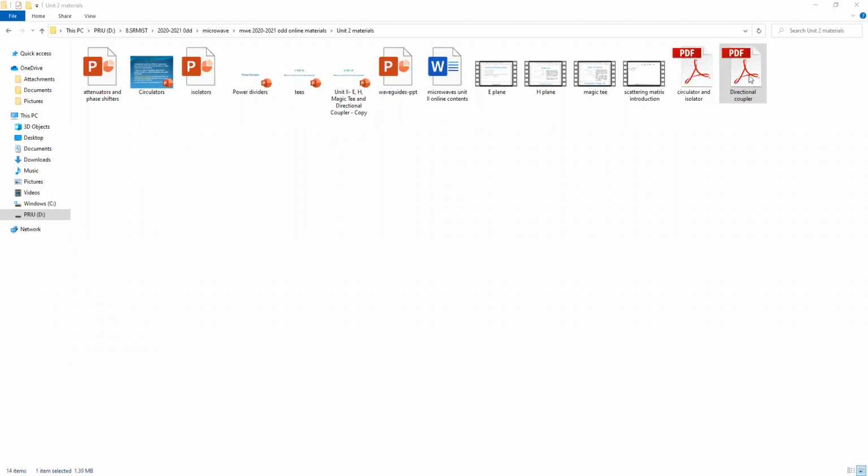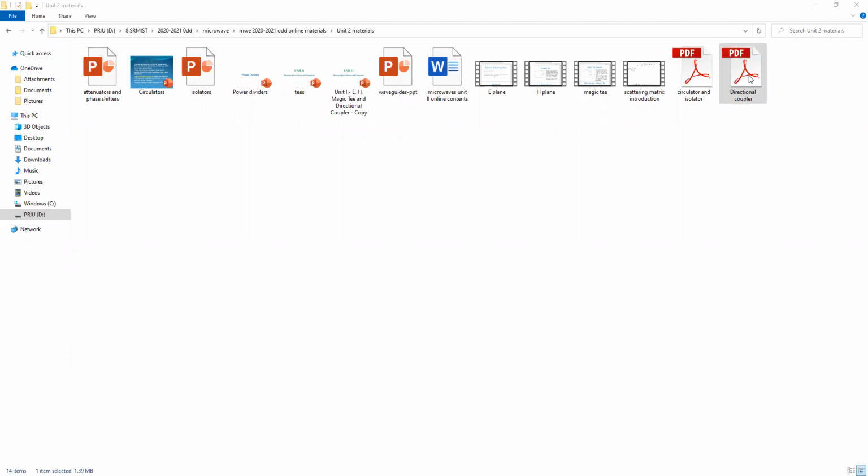So see here. Since it is a 4 cross 4 matrix, we have 16 parameters, and since all ports are perfectly matched, S11 equal to S22 equal to S33 equal to S44 is 0. Since it has a symmetry property, you can write S12 is equal to S21, all those things.